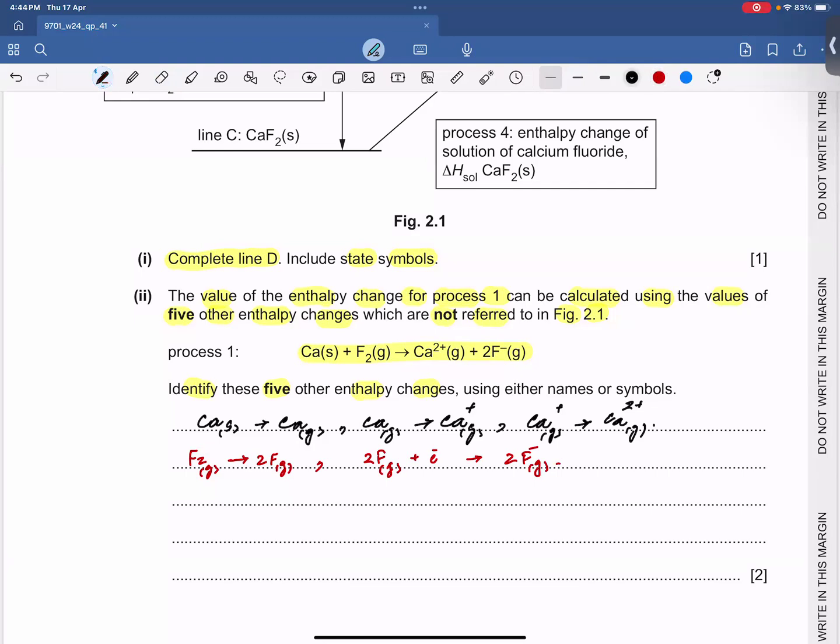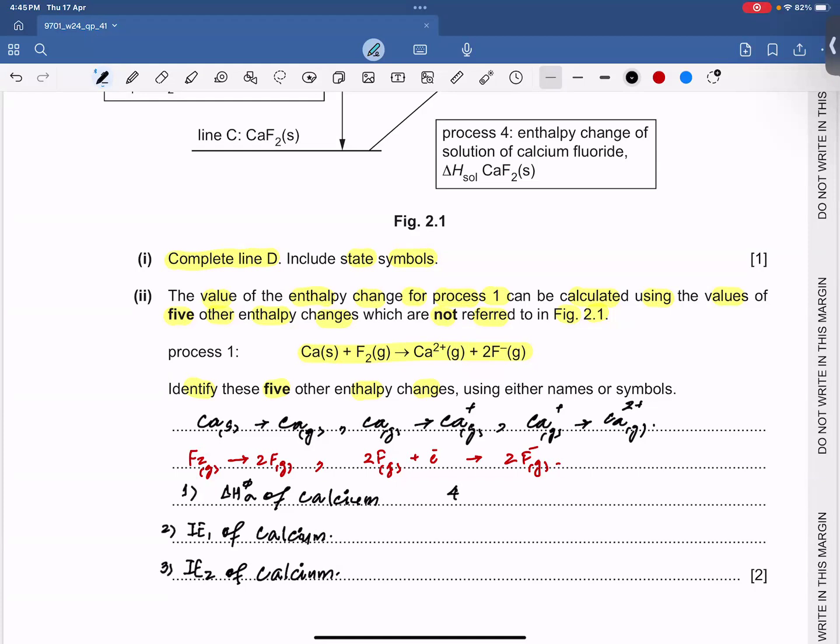So which means we have atomization of calcium, first ionization energy of calcium, second ionization energy of calcium. ये हमारा first stage, ये हमारा second stage, ये हमारा third stage.